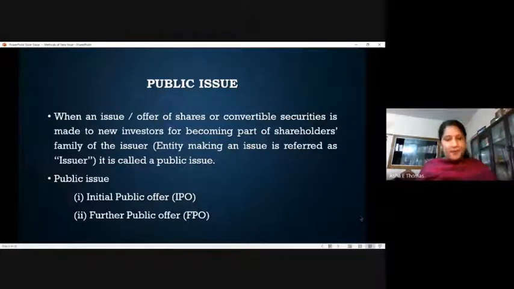Once a company has already come to the market and issued its shares, the next time it comes, that comes under the category of further public offer, or FPO. So public issue can happen in two ways: initial public offer and further public offer, otherwise called IPO and FPO.